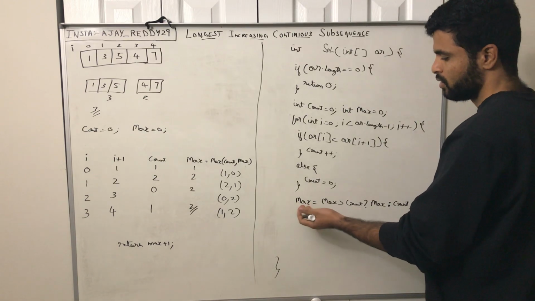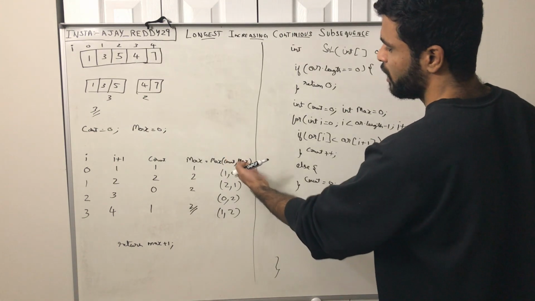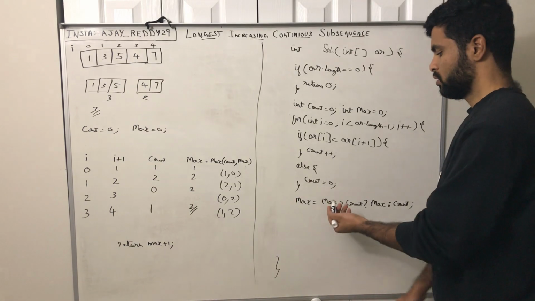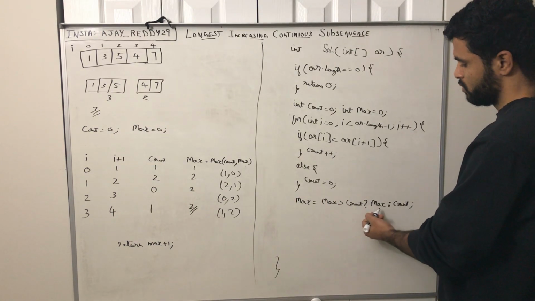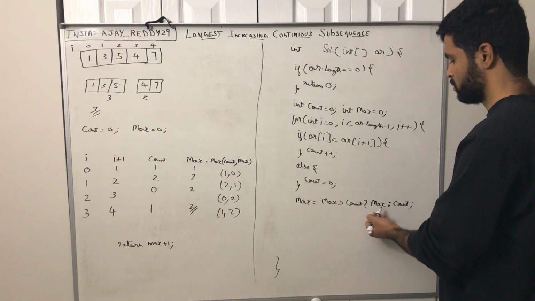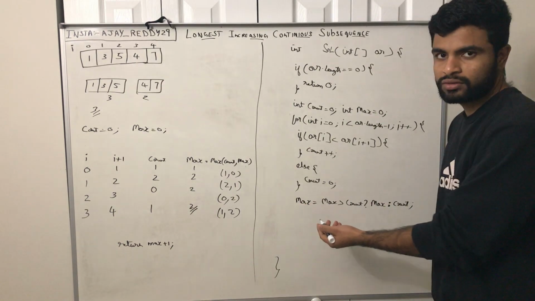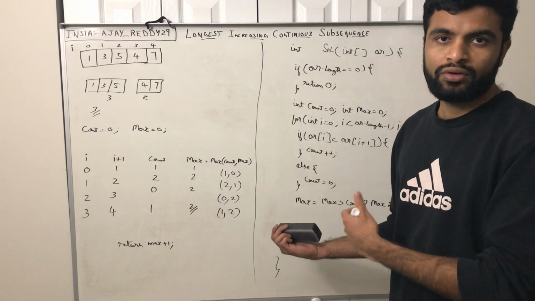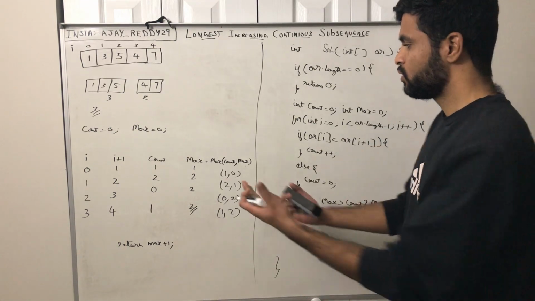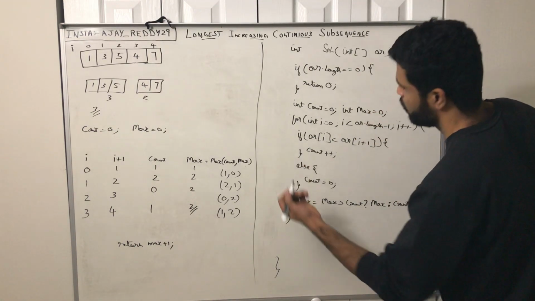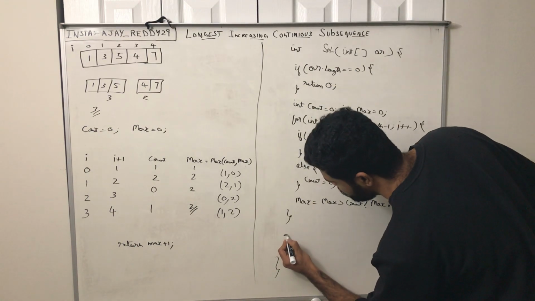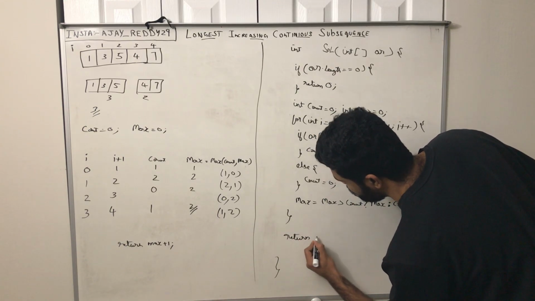So this is like max of count and current max. So here, if you can see, it's a conditional statement. If max is greater than count, then I'm assigning the max value to max, else I'm assigning the count value to max. That way max will always have the maximum value between count and the current max. Okay, I will close the for loop, and finally I will return max.